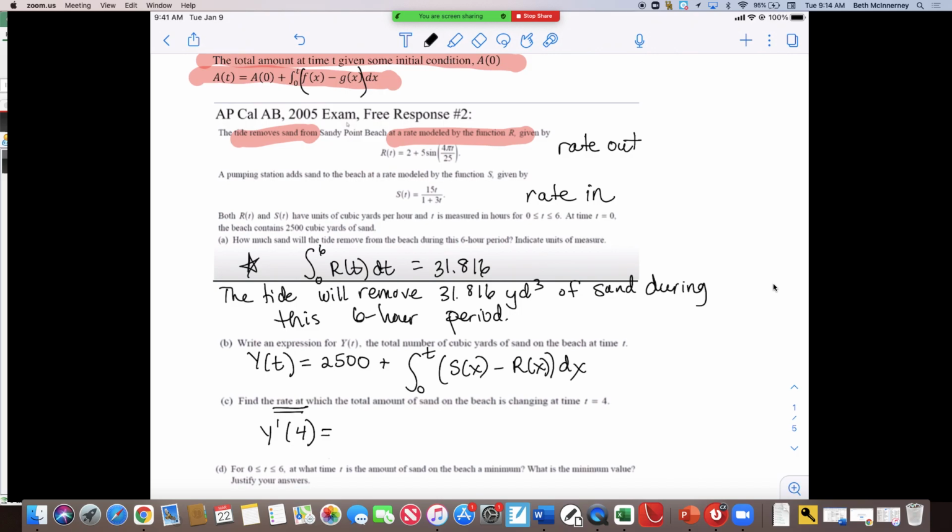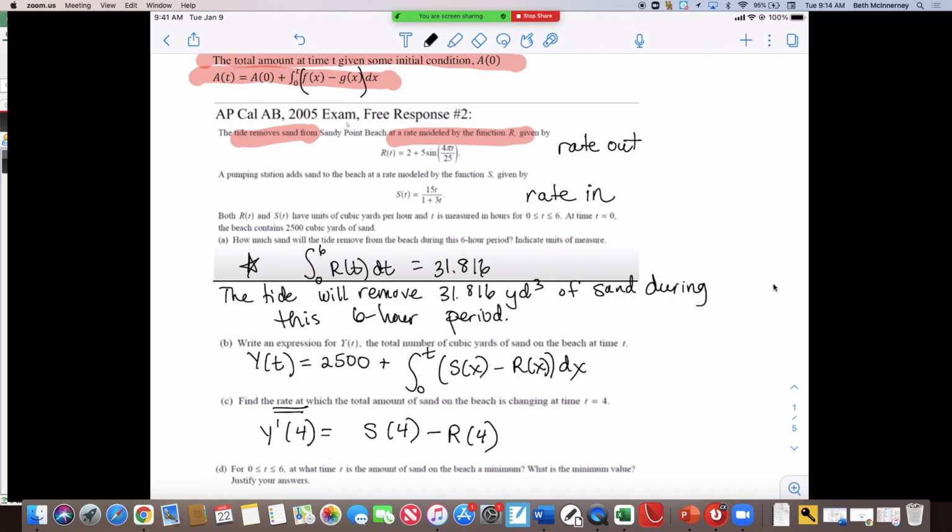So I want to take the derivative of my expression in part B. Well, what's the derivative of a constant? 0. So the derivative of the 2,500 is 0. Then we're going to use the fundamental theorem of calculus. When I take the derivative of an integral, this is going to represent S of 4 minus R of 4.